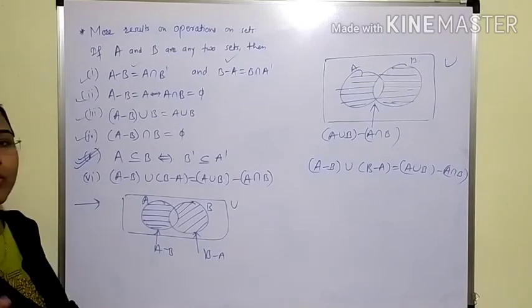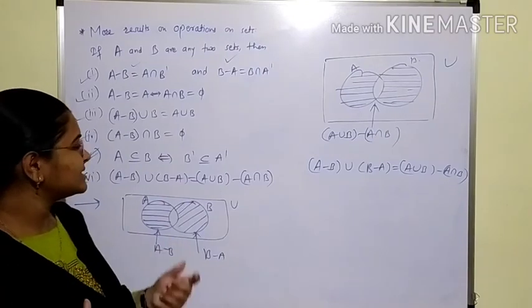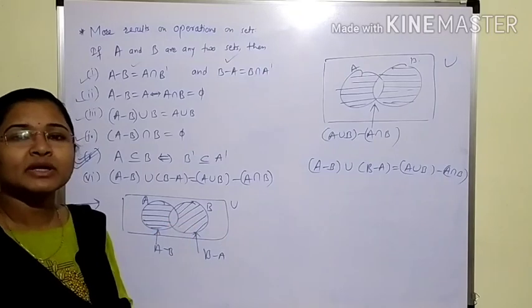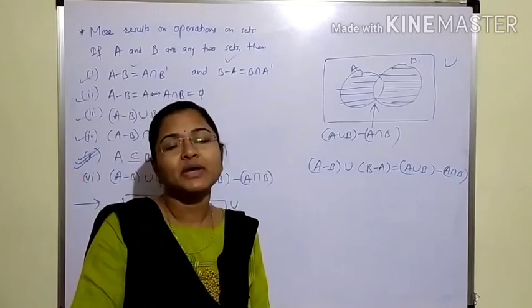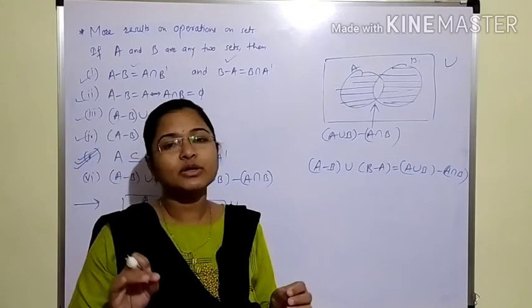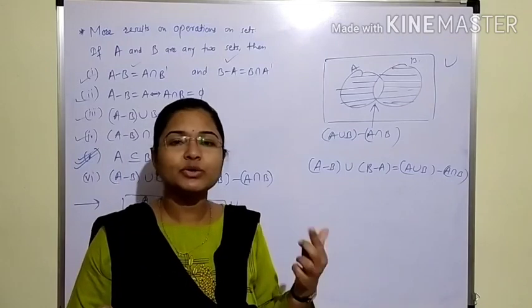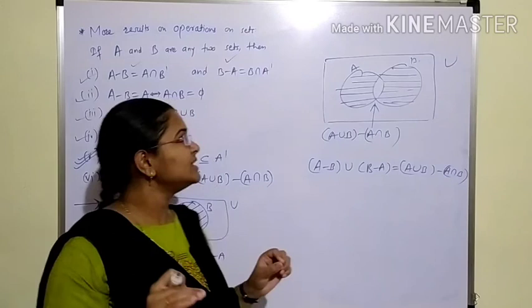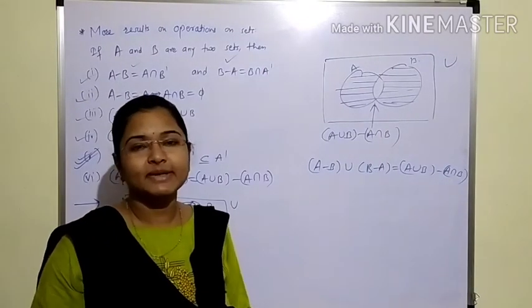And if you cannot draw the Venn diagram, because many times complicated sets are coming, in that case you don't draw the Venn diagram. You can apply the other method, that one set is a subset of another set, that also you can use. So now you have the choice to draw the Venn diagram or to solve by that first method. Okay, but you should know whether both the sets are equal or not. You can verify it by both the methods. Okay.